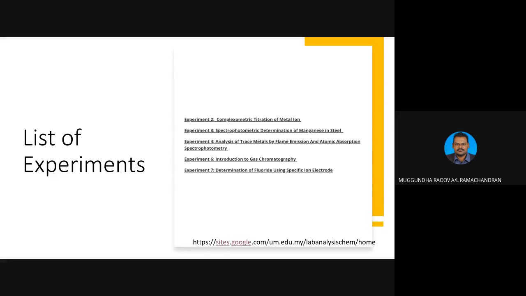Back to the Beer-Lambert law: as we increase the concentration, the absorbance value will increase. How are we going to plot the calibration curve? We are going to use the standards that are available in our lab. For example, if we want to conduct zinc analysis, we will provide the zinc standard for you, so you can prepare the zinc standard solution at various concentrations by using the M1V1 equals M2V2 dilution formula.